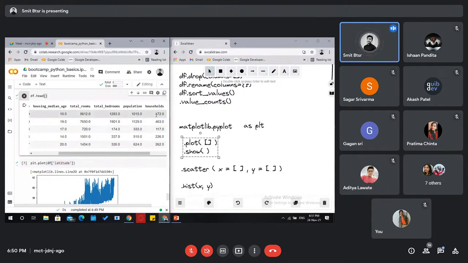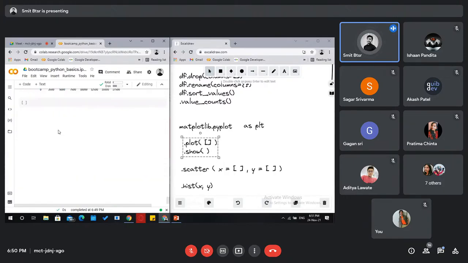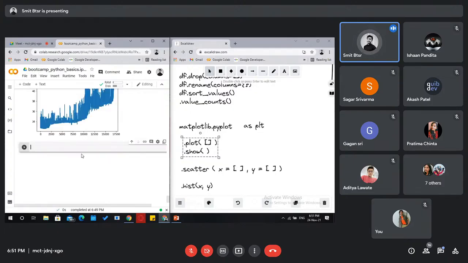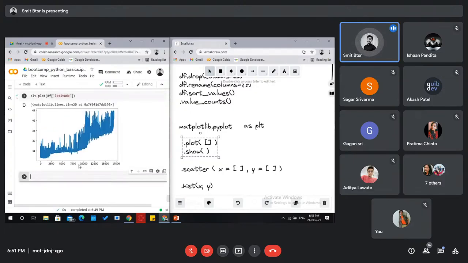We want to know what the relation is between population and total rooms. We cannot read 17,000 rows, but we can get a glimpse of the data using this plot. We can pass two arguments to this plot, and we have to specify that this is the x and this is the y.